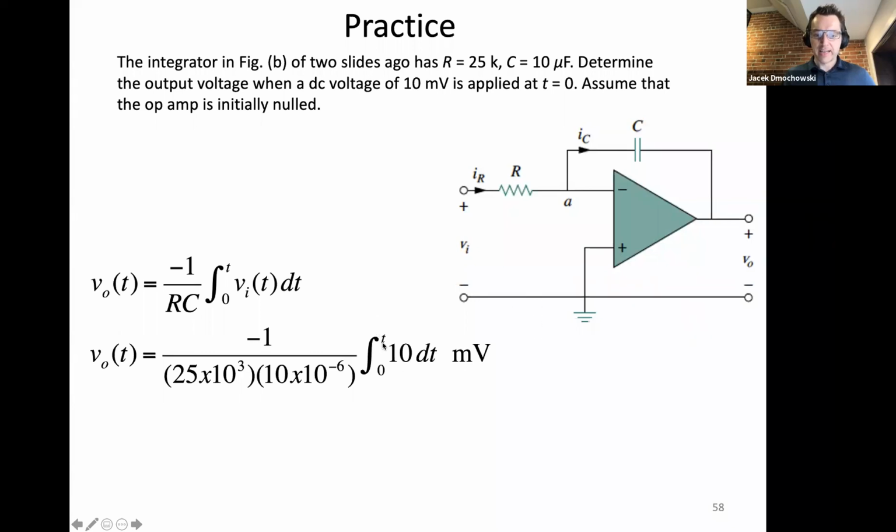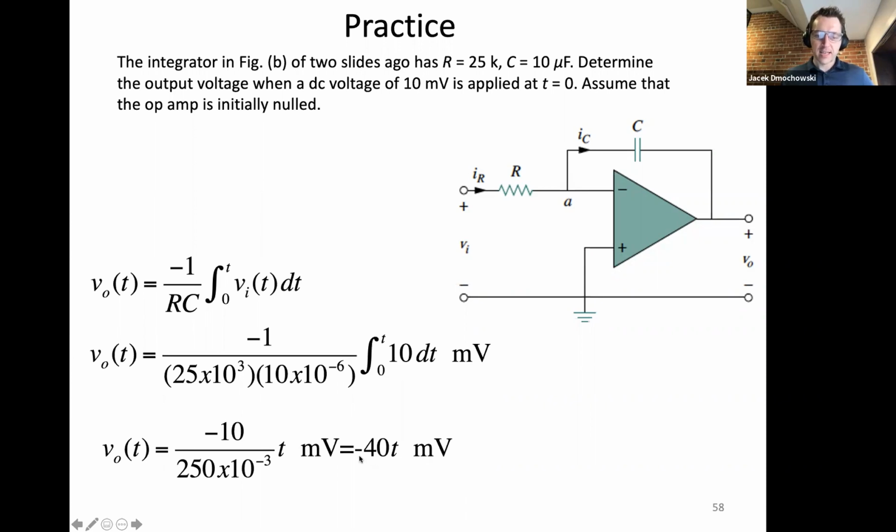The width of that rectangle is T, and the height is 10 millivolts. So in other words, it's the integral of 10 evaluated between T and 0. And when you simplify the fraction here, you get an output voltage of negative 40T millivolts.